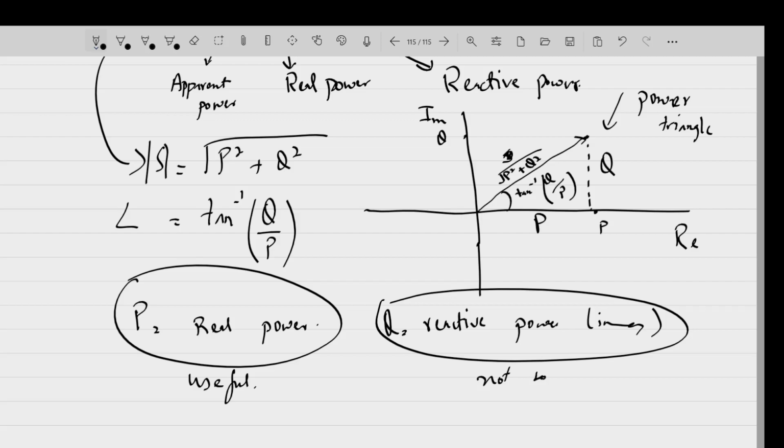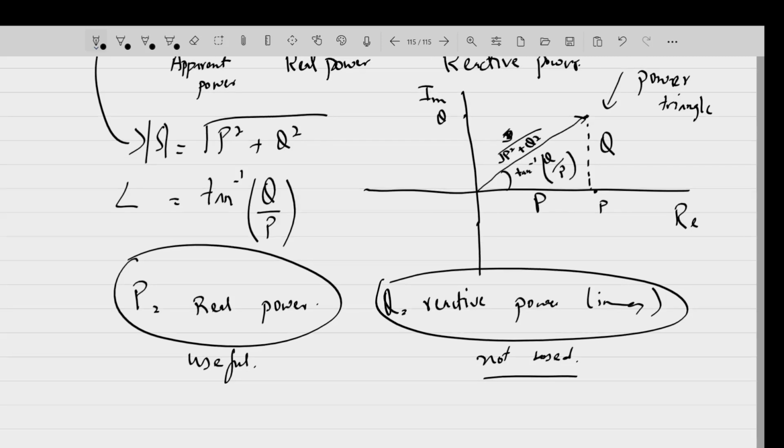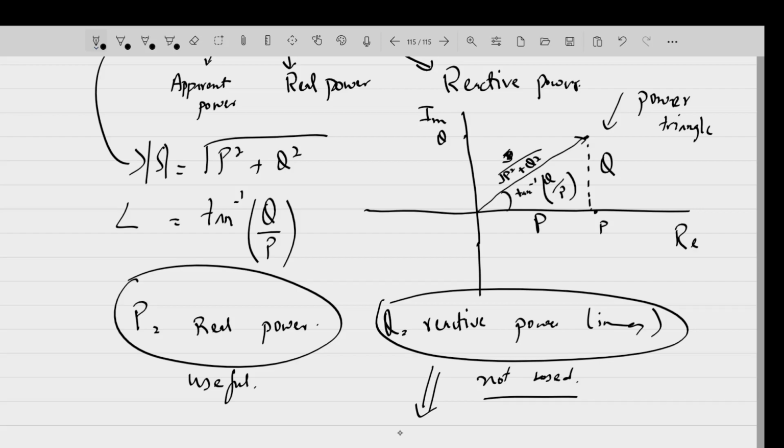Now what does that mean? Where does this power go in the system? This power actually oscillates between the source and load. The source is supplying reactive power, the load is not consuming it, it is sending it back to the source.